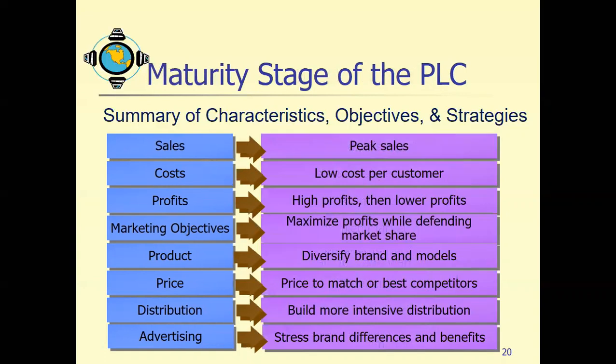And you will also notice the same thing in the figure. In the maturity stage, the cost is low, not average, even low cost, and profit is high. As the cost is low, profit is high.